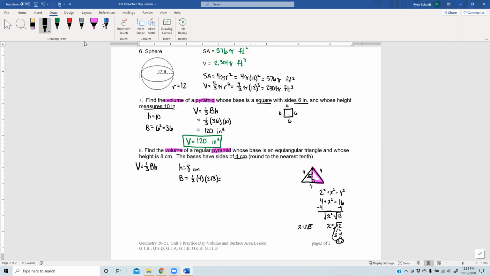Okay, so the big B, we're not going to do the square root of 3 in the calculator. We're just going to do 1/2 times 4 times 2, which is going to give us 4 square roots of 3. That's our big B. So for volume, we do 1/3 times 4 square roots of 3 times 8.